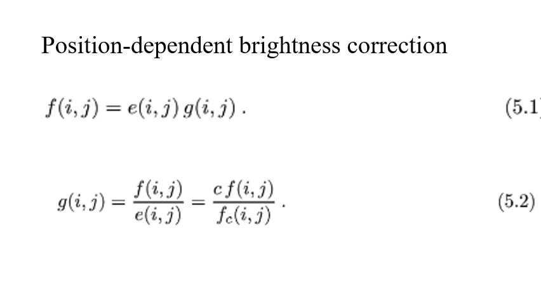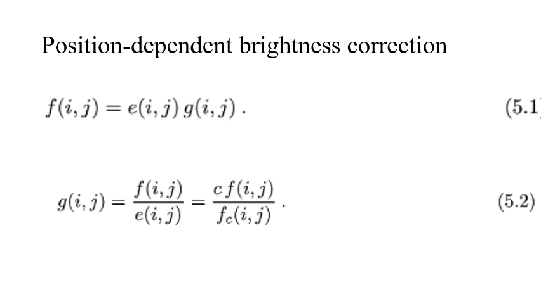Coming to the first class under pixel brightness transformation, the position dependent brightness correction. The image acquisition device, like your camera sensors, and the digitization device should not depend on the position in the image. So the sensitivity of the image acquisition and digitization devices should not depend on the position in the image.